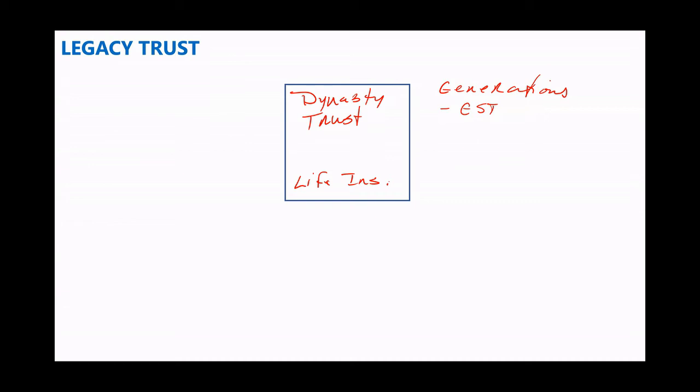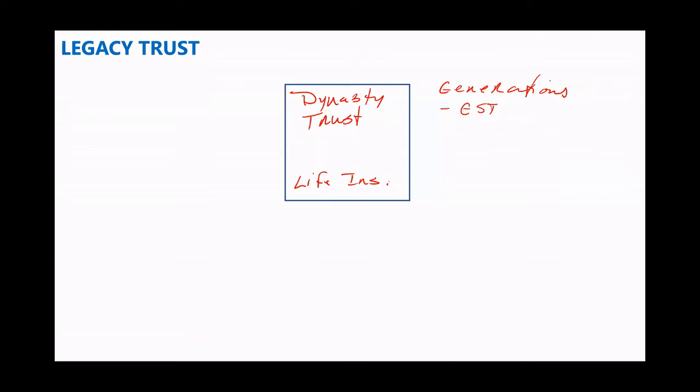If we put the life insurance outside of the estate into a dynasty trust, now at mom and dad's death, the insurance proceeds will come into the dynasty trust just like any other life insurance trust. And then they can give cash to the estate in exchange for assets. So it's a good way to protect those assets from the estate, provide the estate with liquidity to pay the taxes, and now we've got this out.